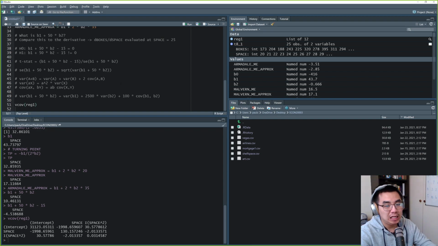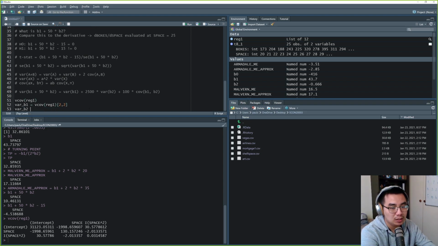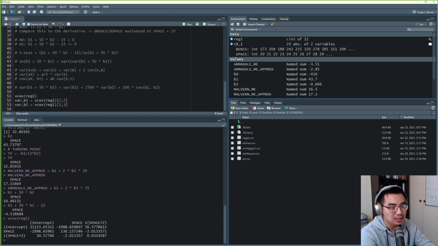For example, the variance of beta 1 is 130. You can even type var b1 is equal to vcov reg1, and what element is it? It's element 22. What about the variance of b2? That's in the bottom right here, so it's element 33. And lastly, the covariance of b1, b2 is the element.